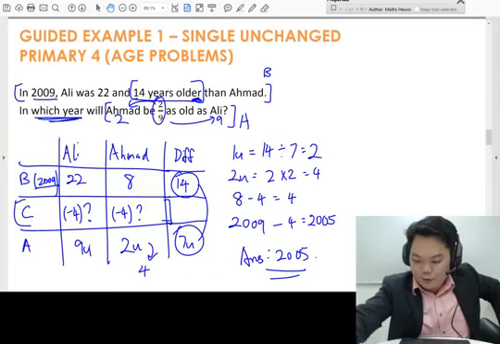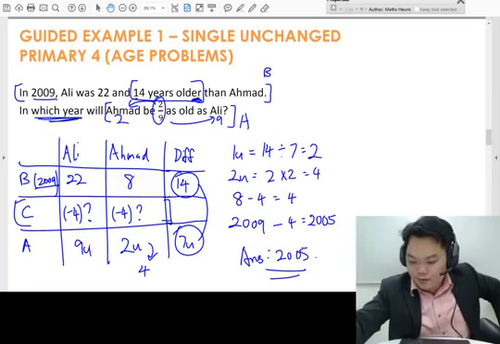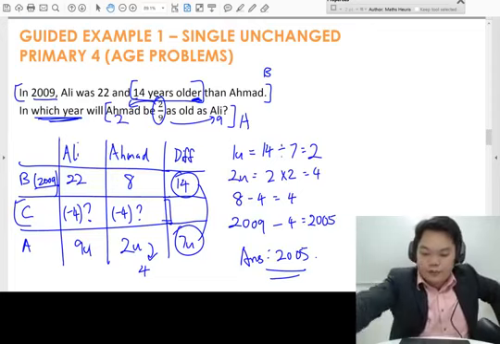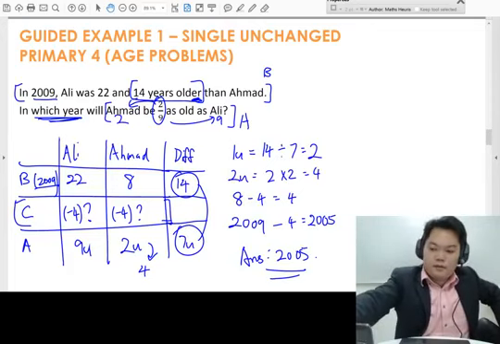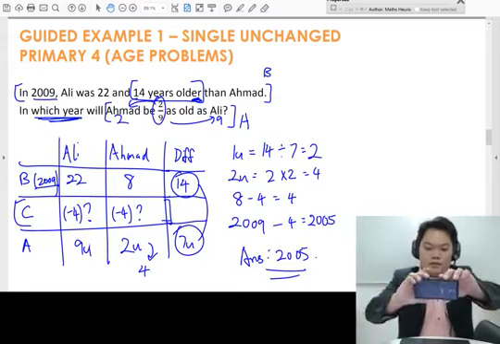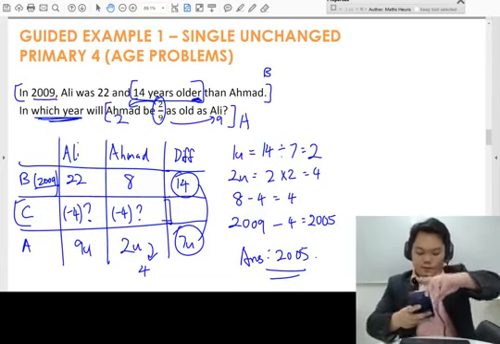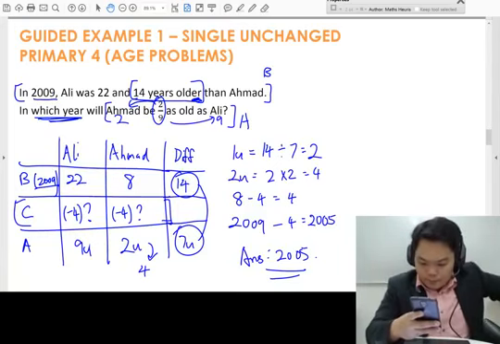So is everybody still with me? Can't see the before. You try tilting your phone like that. Try tilting your phone like this. So is everybody okay? Yes, most of you got it.